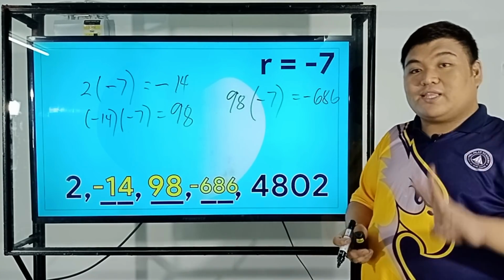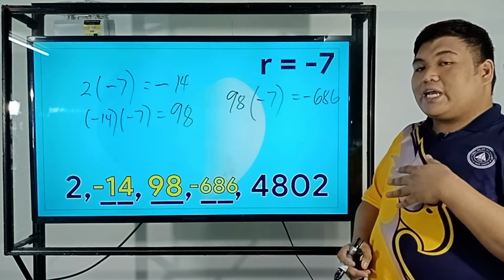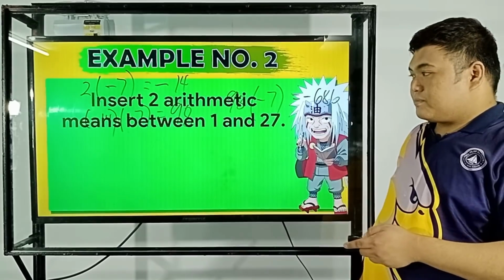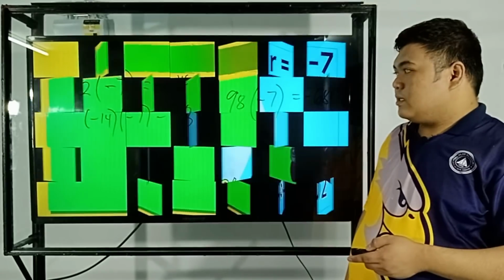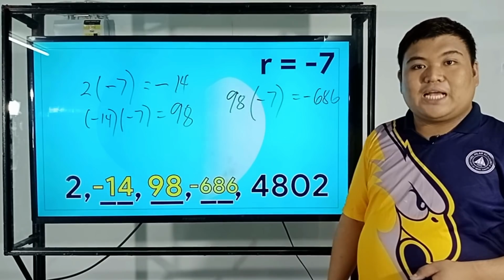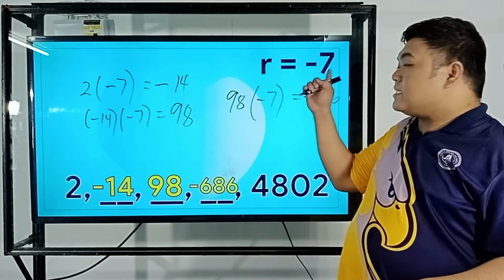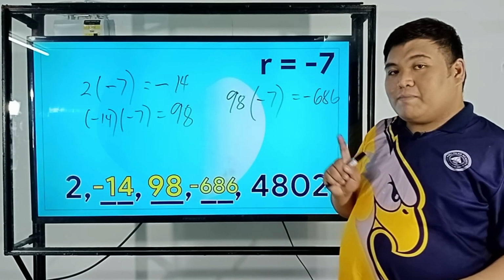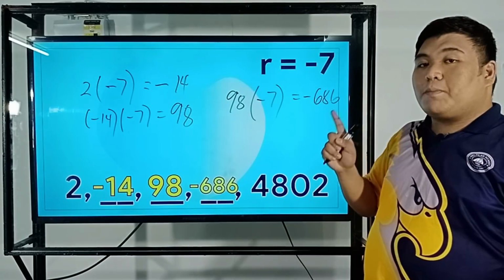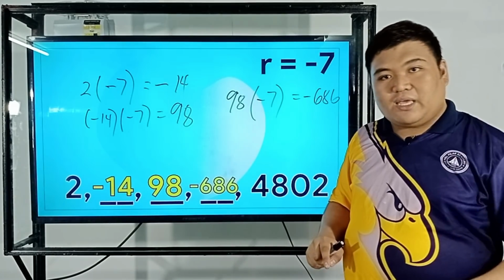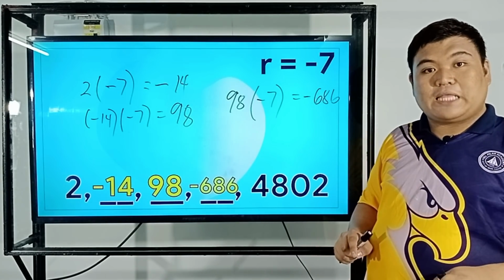Again po, dalawa yung naging set of answers. Yung isa ay kapag positive ang common ratio. Ano yung mga nawawalang sagot kanina? Nung positive ang common ratio, we have positive 14, positive 98, and positive 686. Tama po?